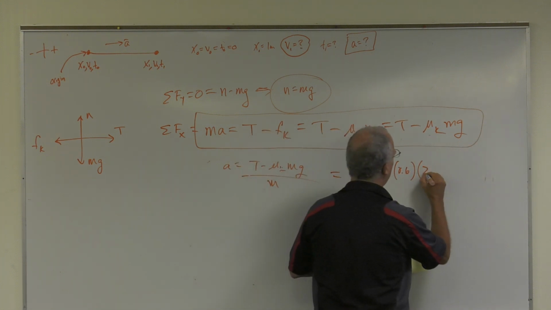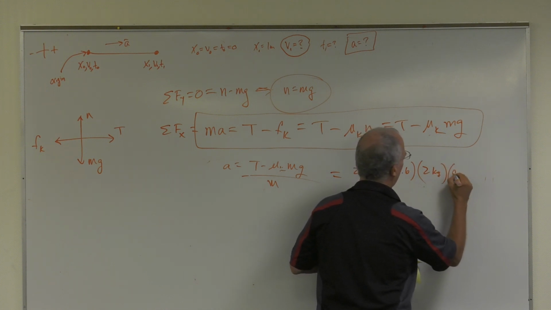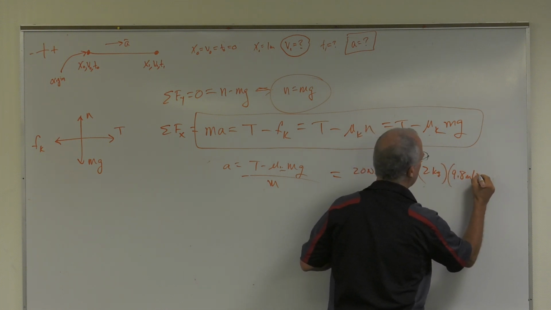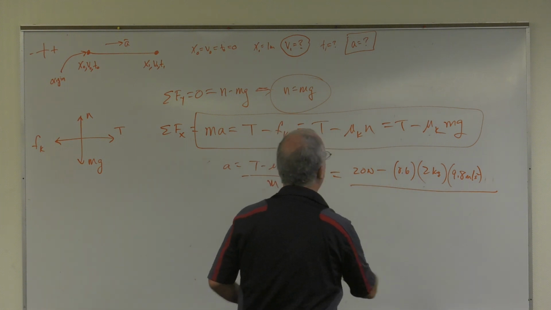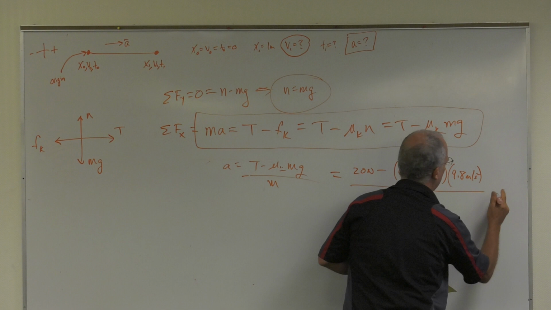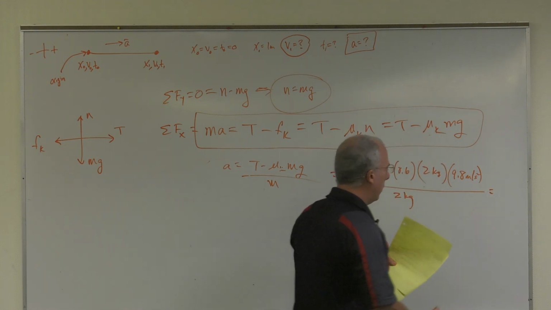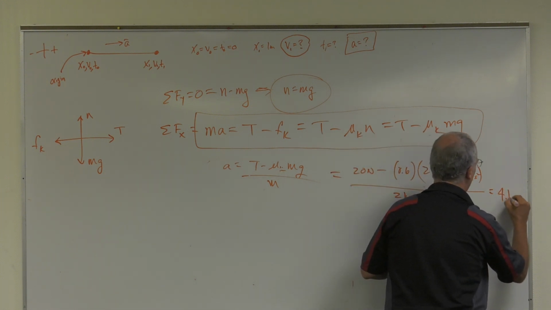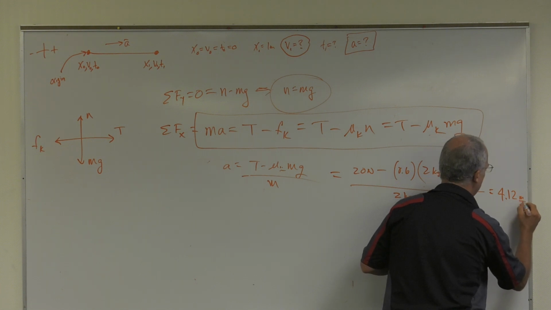M is 2 kilograms. And our good old friend g. Divide that whole mess by m. And the answer is 4.12 meters per second squared.